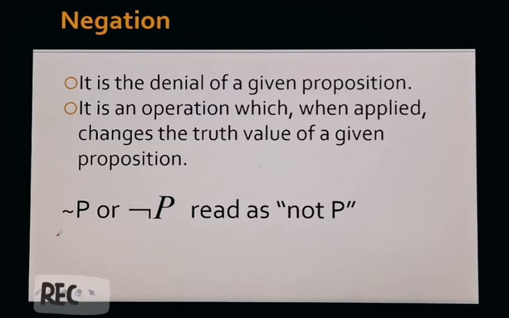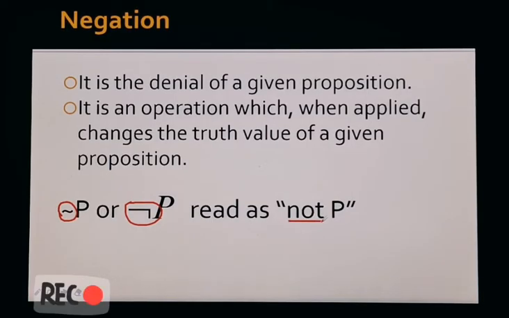Example, this is the symbol for proposition. Other books use this one as the symbol for negation, and that is read as not P. The word not indicates negation, and the symbols for that one, take note, are these two.